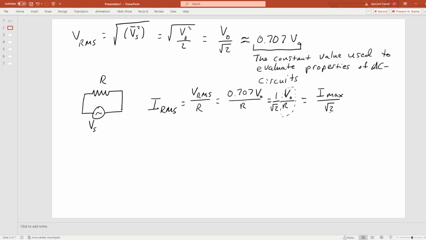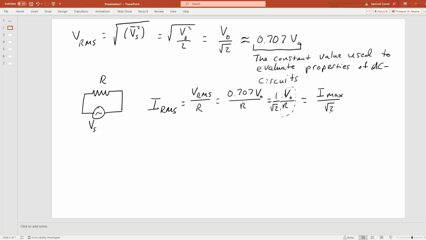So the rate at which your current is changing will be constant. Now, that's not ubiquitously true, but for a lot of applications it is, and certainly for our applications here. Okay, so recognize that, and that is how you calculate the RMS values, where RMS comes from, and hopefully a little bit about why we use it.